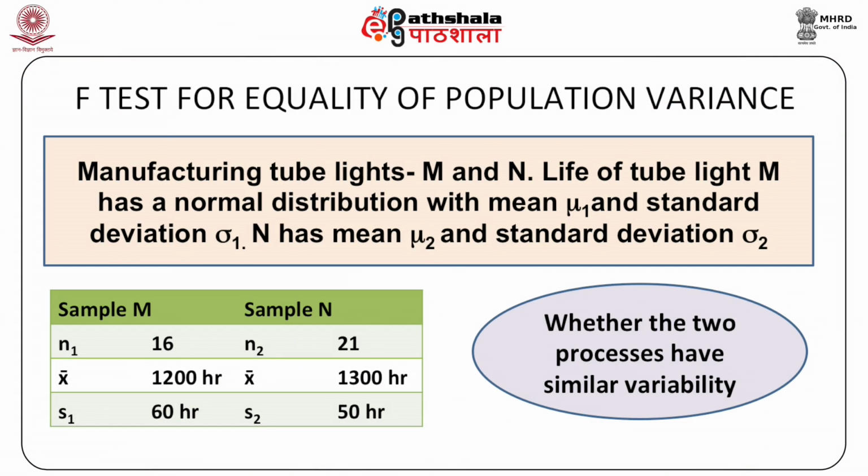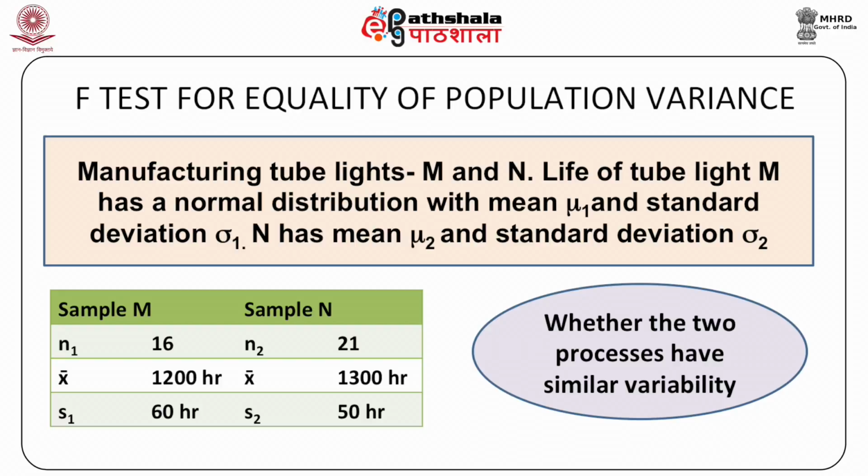Let us understand it with the help of an example. Suppose a company manufacturing tube lights using two different processes M and N is examined. The life of tube lights of process M has a normal distribution with a mean mu1 and a standard deviation sigma 1.